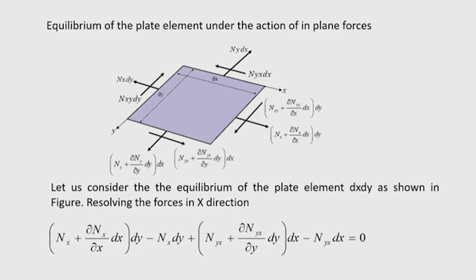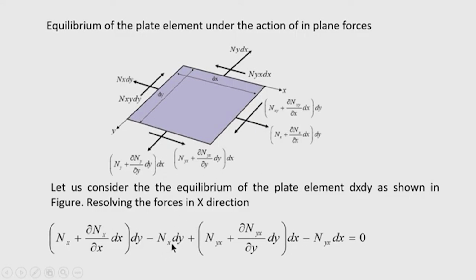So, by doing so, say along the x direction, what are the forces? One force is this along the positive direction of the x axis. This force is Nx plus del Nx by del x into dx, into dy. So, that force is written here. Then minus, this is acting in the opposite direction, so minus Nx into dy.